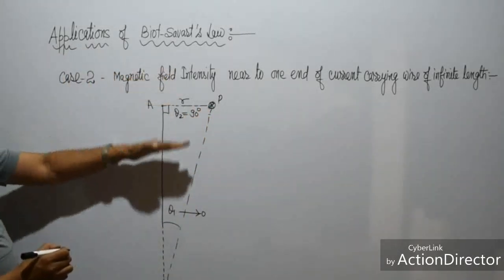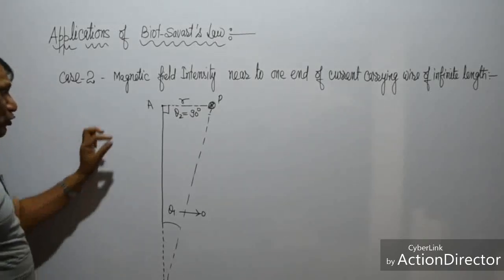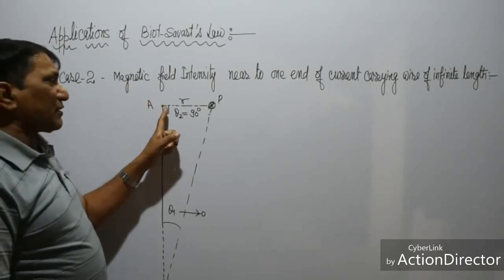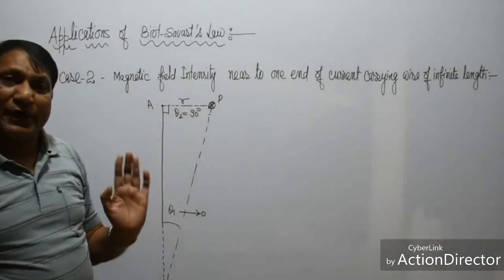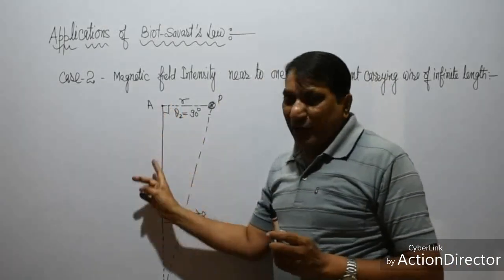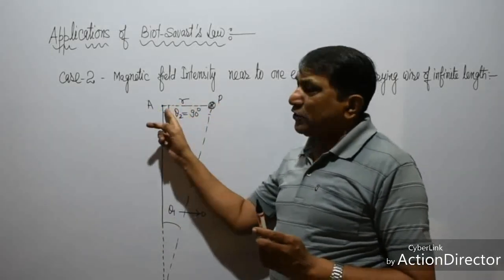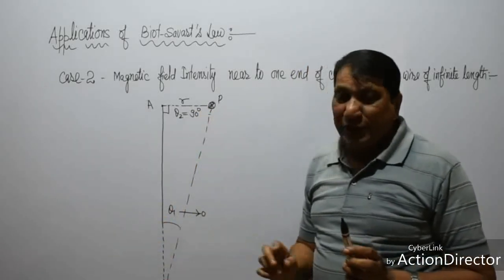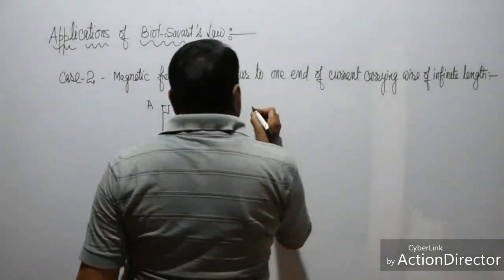When you take such a current carrying wire of infinite length, and you are standing near one of its ends at a small distance r, you have to find the magnetic field intensity at that point. Now you are standing near one end of a very long, infinite length wire at small r distance, and you have to find the magnetic field intensity at that point.